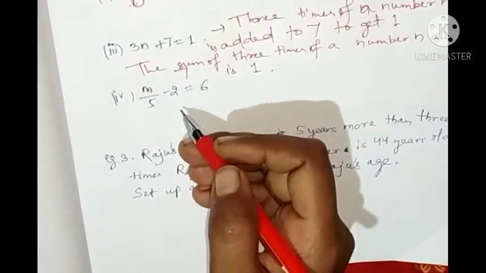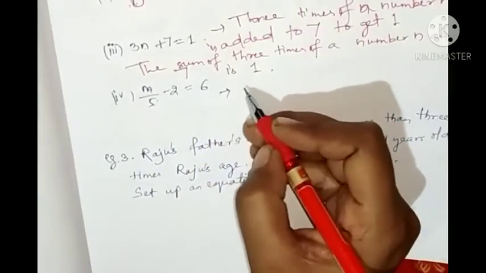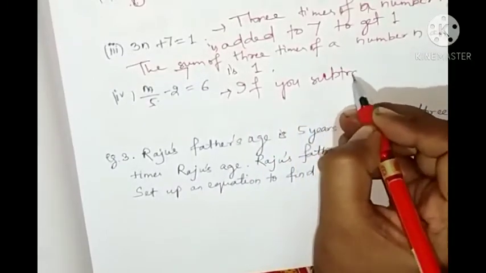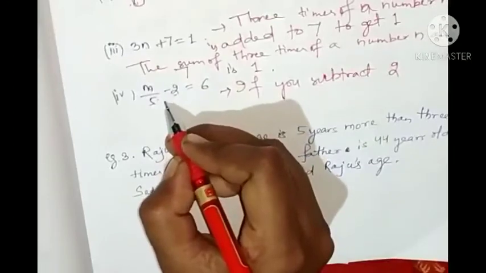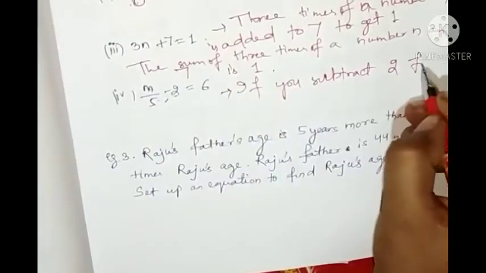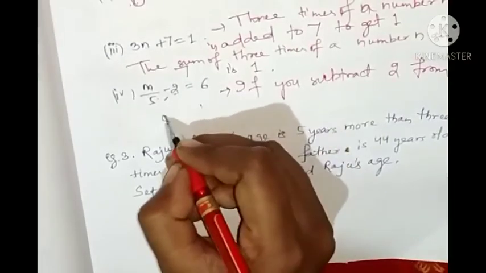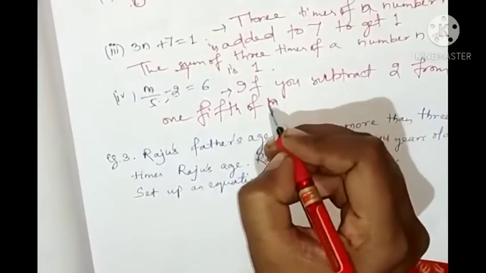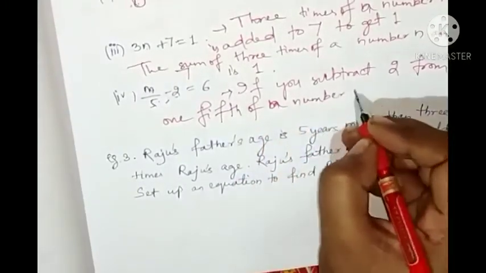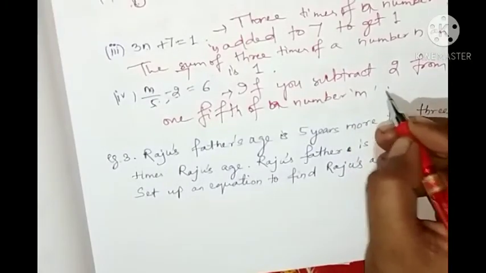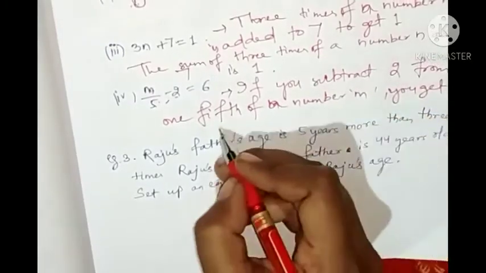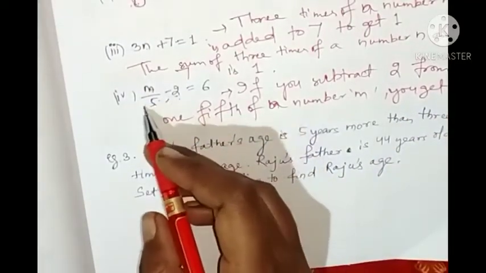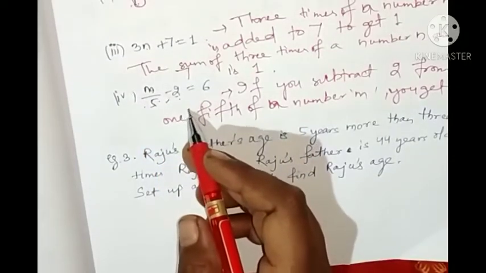The same thing: if you subtract 2 from 1/5 of a number m, you get 6. Okay, so if you subtract 2 from 1/5 of m, what you get? You get 6.